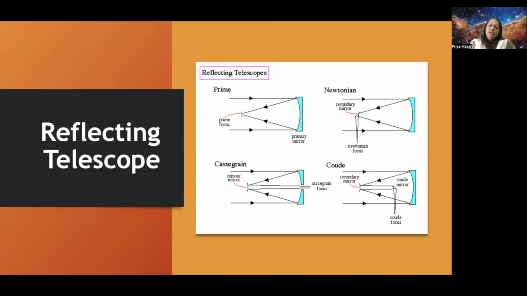You could also have additions like a secondary mirror giving you a Newtonian focus. You could have a hole in the mirror where you put a convex mirror and get a Cassegrain focus, or you add another mirror, a Coude mirror, to give you the Coude focus. And this is also very important depending upon the kind of back-end instruments you have for your telescope.